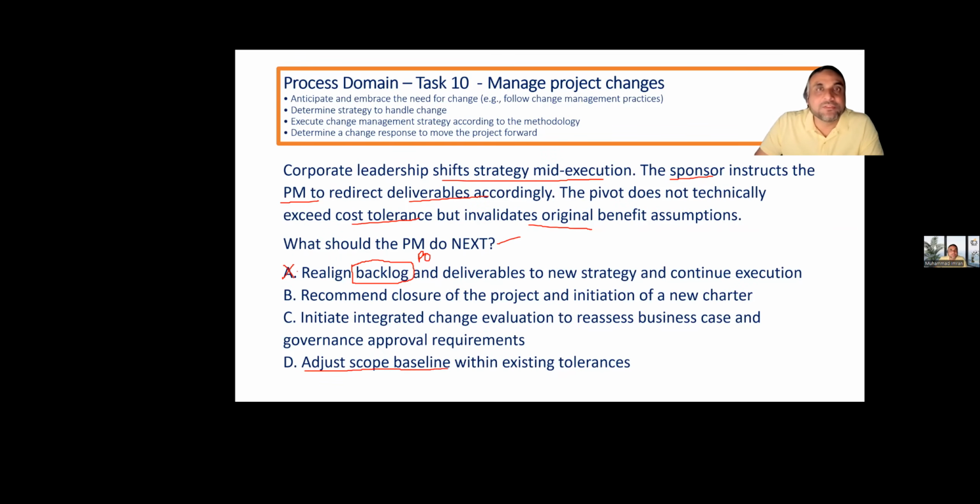Project manager has this authority, even if it is within tolerance? Never. The project manager can do corrective action, defect repair and preventive action change requests. But to update baselines, never ever. It has to go through the change control board. So these are out of the league.